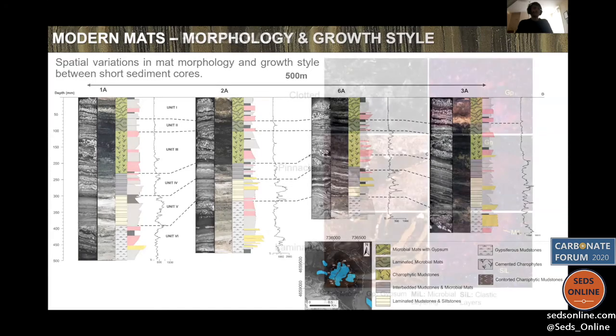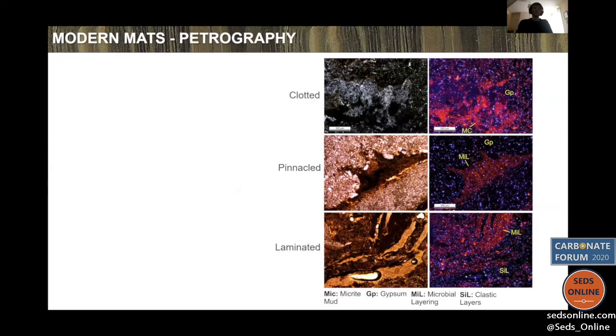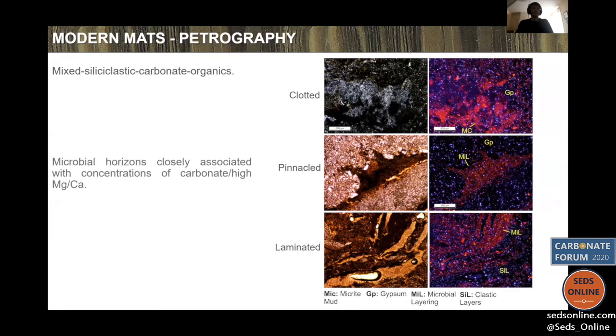When we put them under the microscope, we can see three main textures: a clotted texture, a pinnacle texture, and a very strongly laminated texture. Generally, it's a mixture of siliciclastics, carbonates, and organics. Generally, the microbial horizons are closely associated with high concentrations of carbonates and magnesium, calcium.